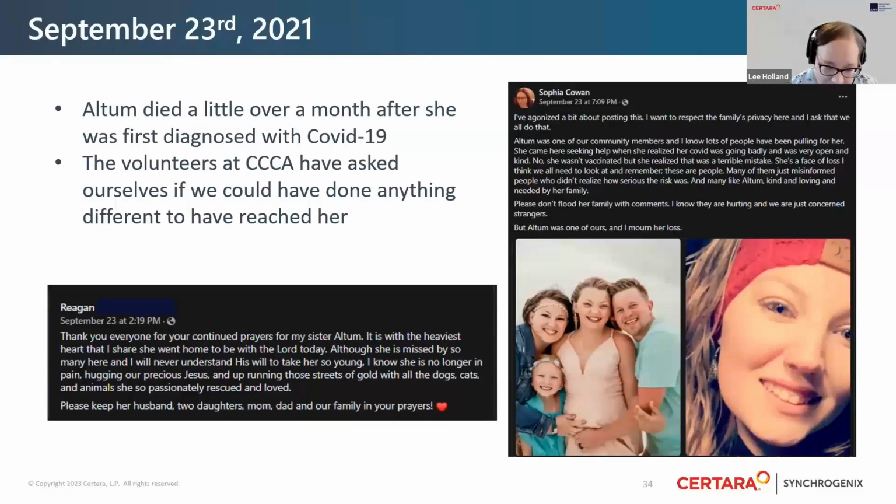There was so much information and misinformation that was being thrown around, especially in the early days of the pandemic and even up to this day. And it was so difficult to get accurate information out to people in a format where they would want to read it, where they would want to consume it. So I just really want to emphasize that there were probably hundreds of thousands of Altums, maybe even millions of Altums all around the world.